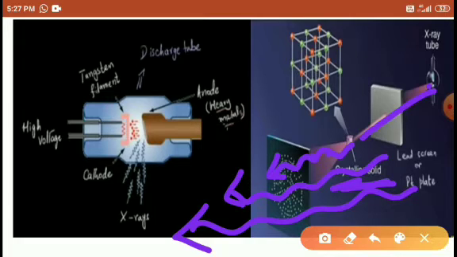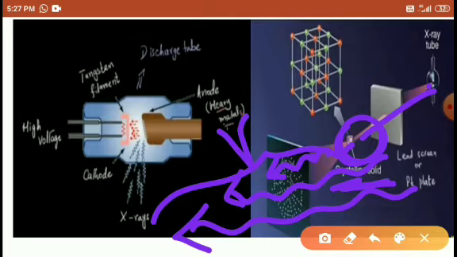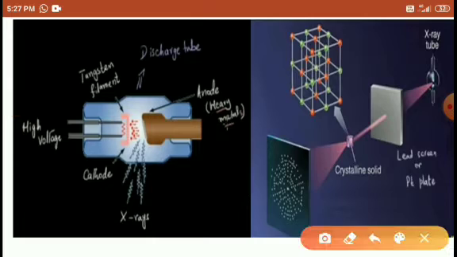So he concluded that this frequency depends upon the atomic number. When the X-ray passes into the metal, the electrons jump into different energy levels. We already discussed this theory in the last topic.